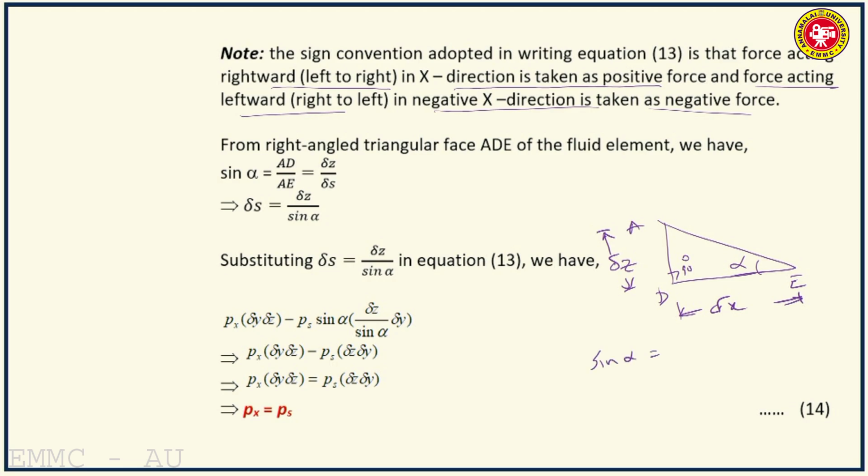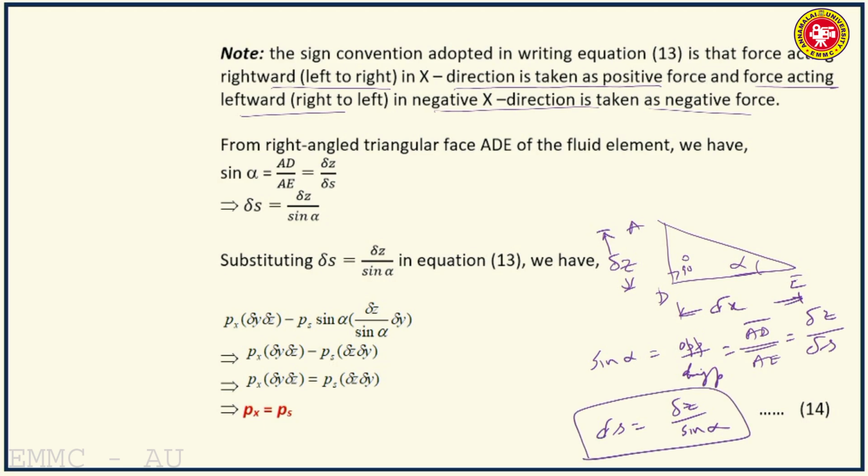Sin alpha is opposite by hypotenuse. Opposite is AD divided by hypotenuse AE. AD is delta Z, AE is delta S. Therefore, delta S is equal to delta Z by sin alpha.